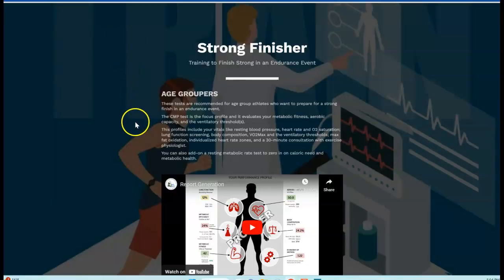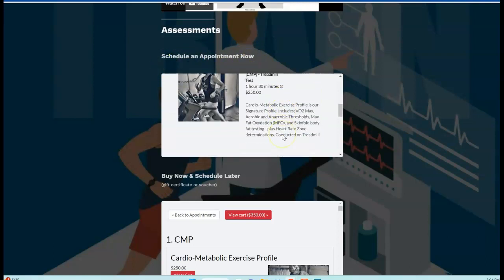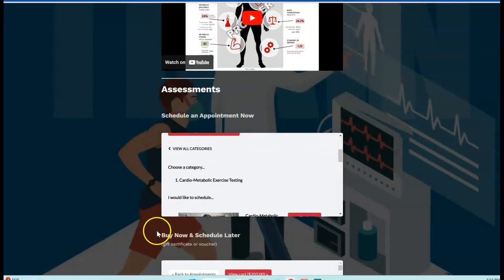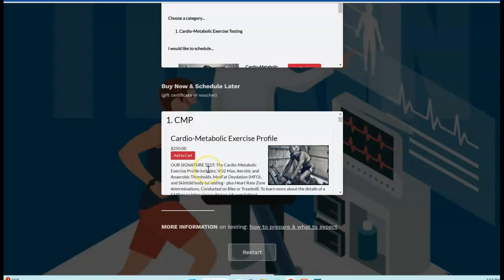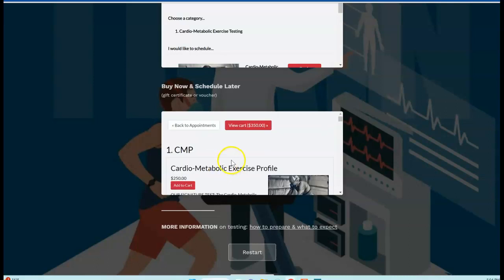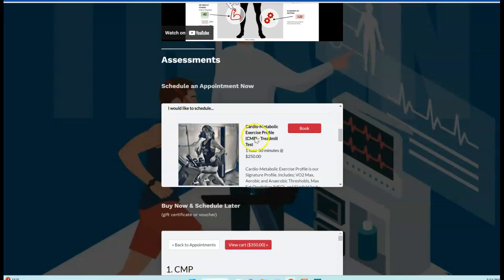So to get set up for the testing, you can either schedule right now online, so you can book it here in this section, or if you have a gift certificate or some kind of a discount code and you want to use it later, you can actually buy a gift certificate here and then use it later. So you've got those two options, and in this section you're going to see the cardiometabolic profile.